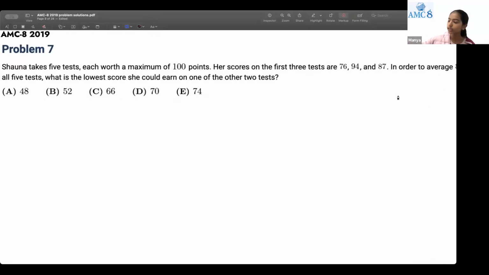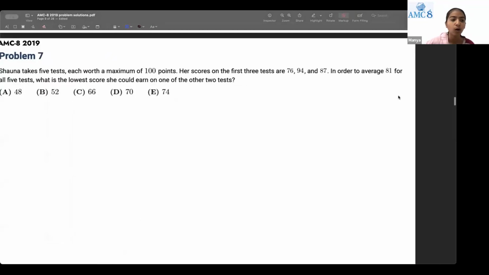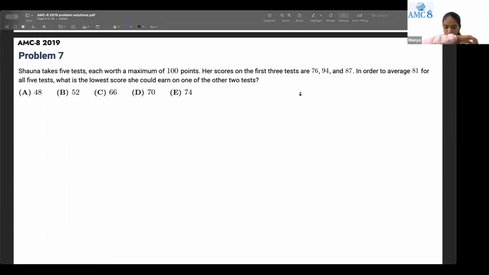So we know that they want the average to be equal to 81 for all of the 5 tests. To find out the total, we can do 81 times 5, which is equal to 405. And so now we can add all of these up.